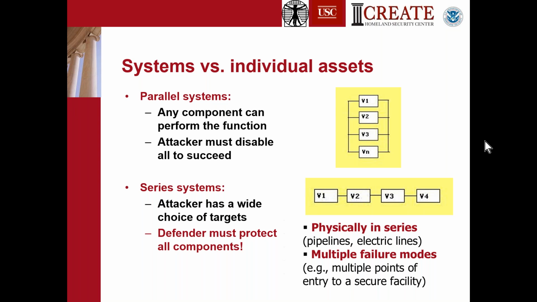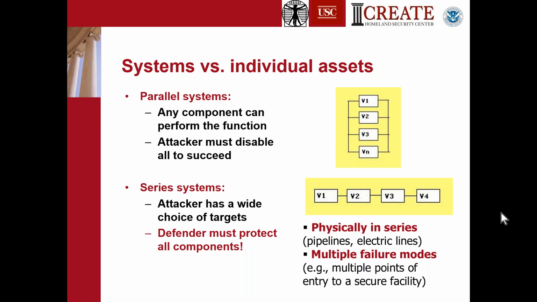So this is a problem, especially since many of the systems we want to protect are essentially in series. Some of those are physically in series. For example, pipelines, electricity lines, railway lines, highways are long series systems where an attacker could target any part of the system, and if we want to protect it, we have to protect all parts.